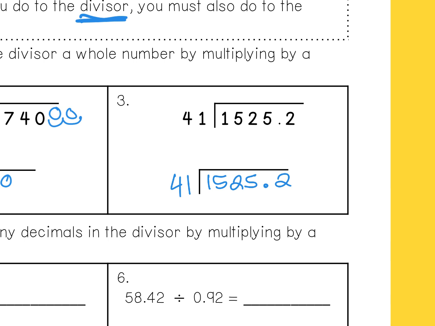And then my decimal is going to stay the same, so that's going to come up into my quotient as well. Okay, so if I don't do anything to my divisor, then I don't have to do anything to my dividend. Since 41 didn't change, I did not have to move the decimal in my dividend.